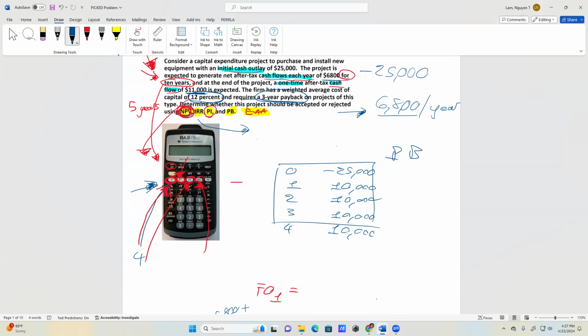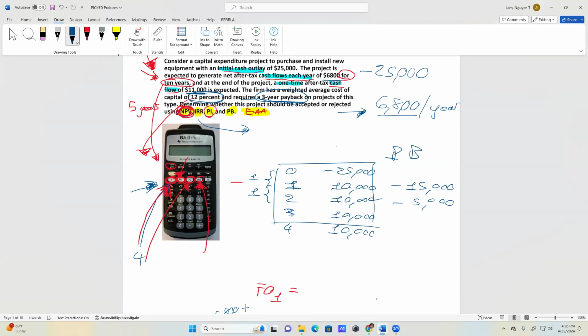Then what should you do? Something that I would do is that you see in year one, it reduced the net loss to 15,000. So definitely 1 year is counted. From year 1 to year 2, it reduced the net loss to negative 5,000. So definitely we have to go through year 2.